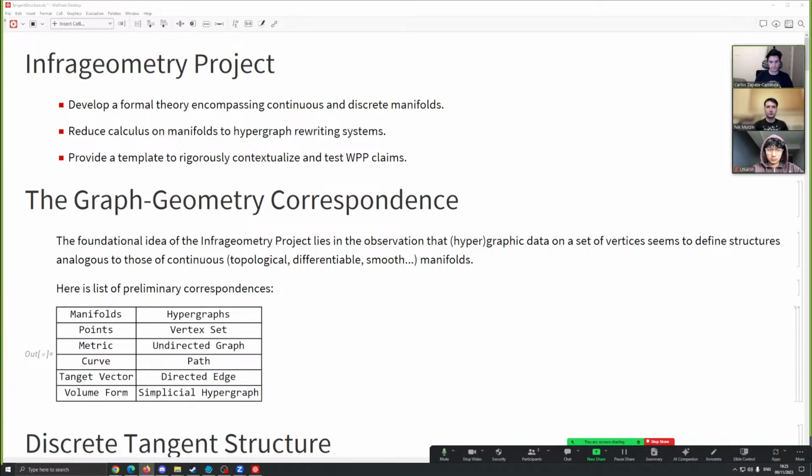So the infrageometry project, generally speaking, is a set of little ideas, little projects that we're trying to put together to develop a formal theory that encompasses both continuous and discrete manifolds.